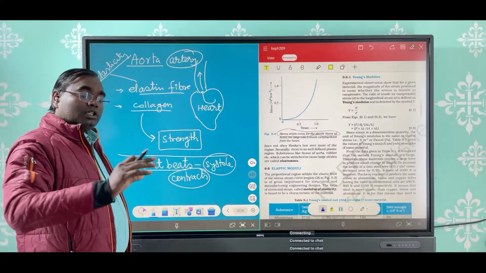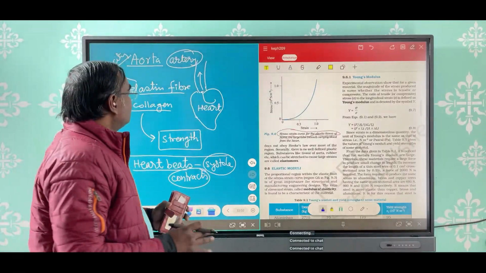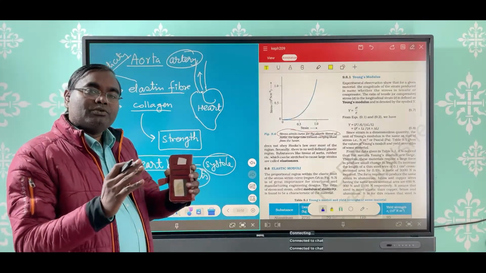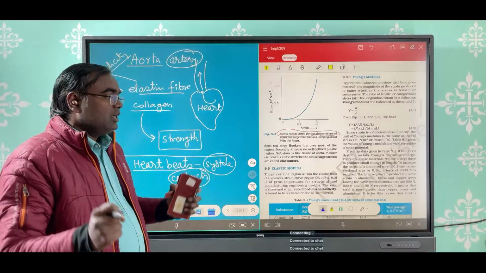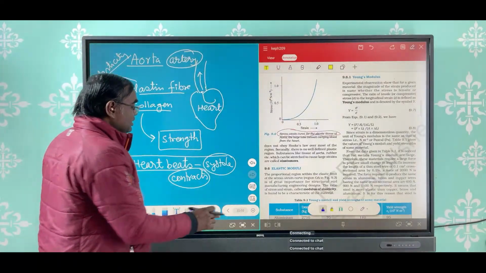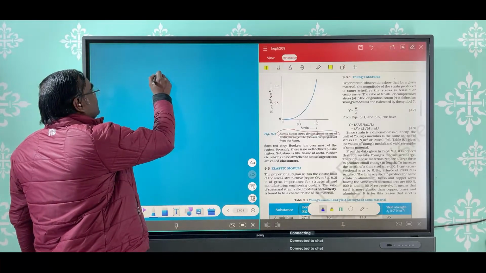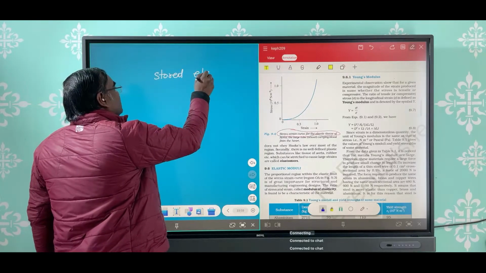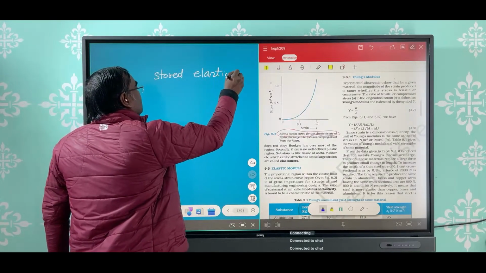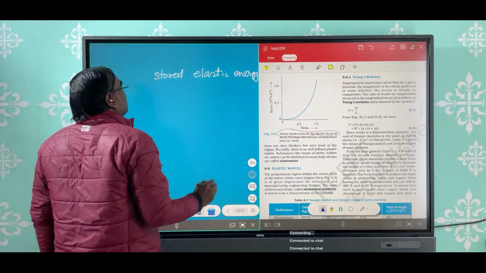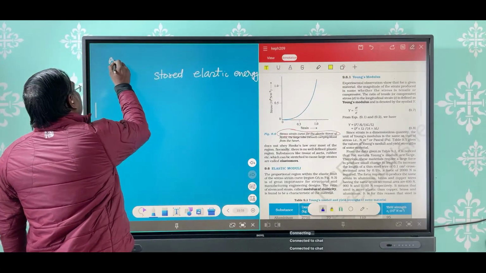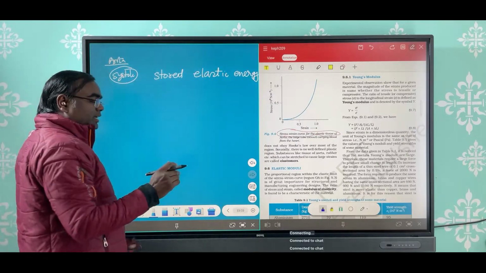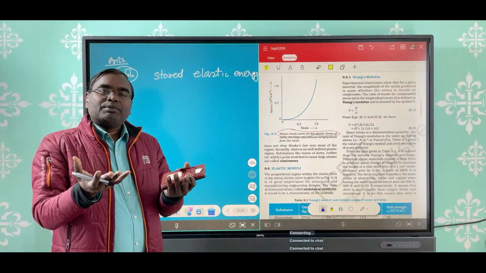And the pump is so hard that this aorta gets stretched in a very good way, and during this stretch, when it gets stretched, it stores elastic energy.